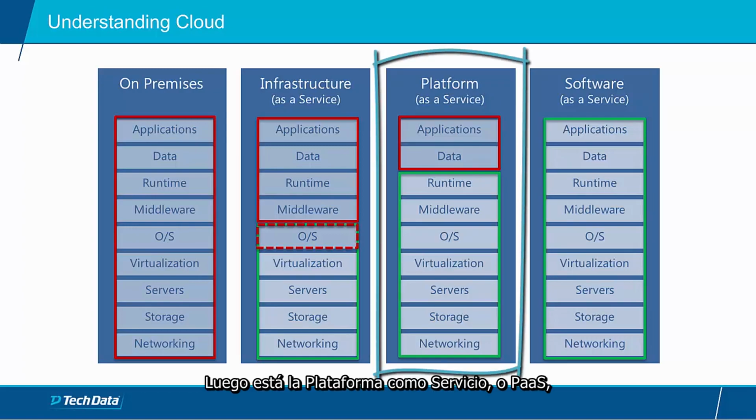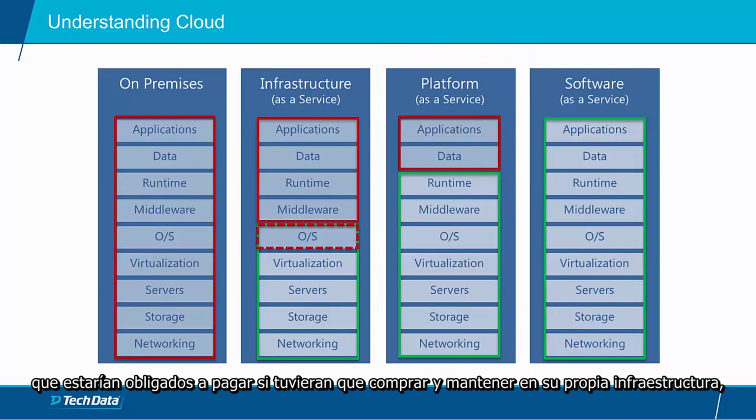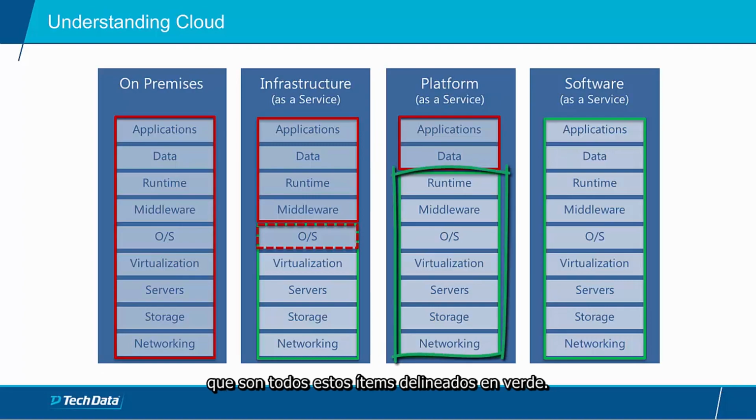Next is platform as a service, or PaaS, which enables customers, who are mainly developers, to build their applications without assuming the capital and resource costs that they would be obligated to pay if they had to purchase and maintain their own infrastructure, which are all these items outlined in green.